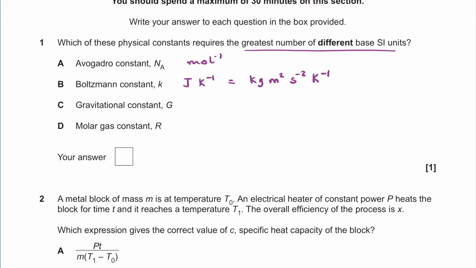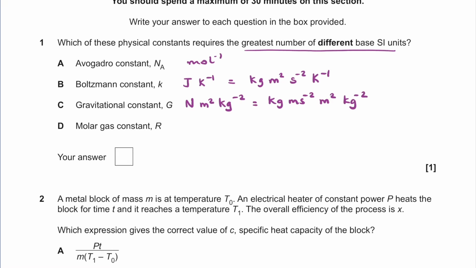Then we have the gravitational constant, which has units of newtons meter squared per kilogram squared. That can be further split up into kilograms meters per second squared, meter squared, and kilograms to the -2.